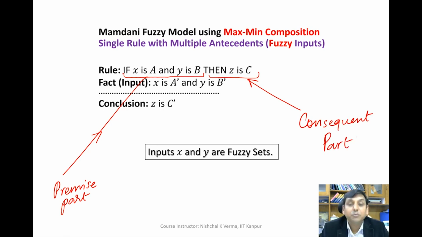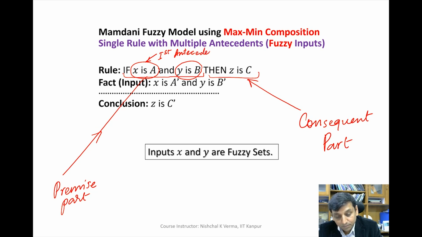So this is the premise part, and this is the consequent part. In the premise part we see that we have two antecedents. What are those two antecedents here? The first antecedent is x is A, and the second antecedent is y is B. So this is the first antecedent, and y is B is the second antecedent.